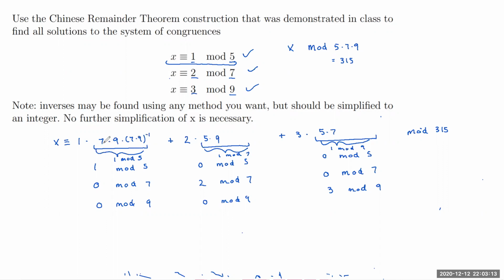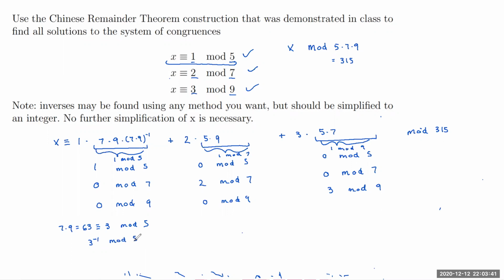So here you would multiply 7 times 9 by the inverse of 7 times 9 mod 5. 7 times 9 is equal to 63, which is equivalent to 3 mod 5. So now you want to find 3 inverse mod 5. How I like to do these is just by trial and error.